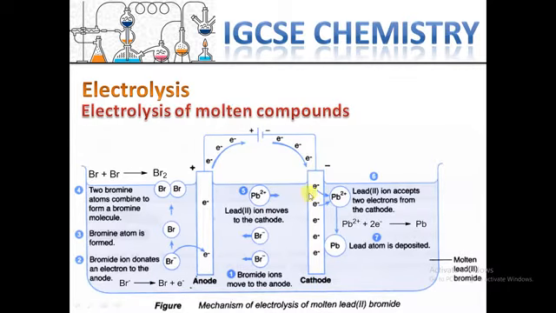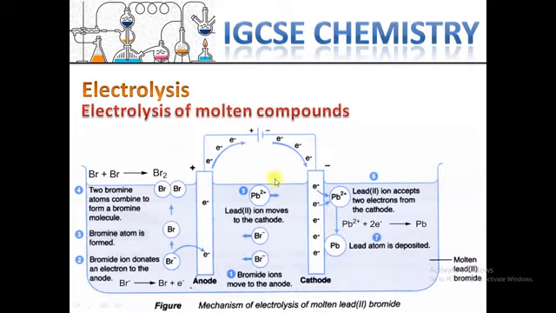Okay, there is a cathode. So the cathode contains electrons. Electrons can be distributed here, and if you remember at the first step, I said that we have a molten compound here. The positive part of the molten compound is the cation.